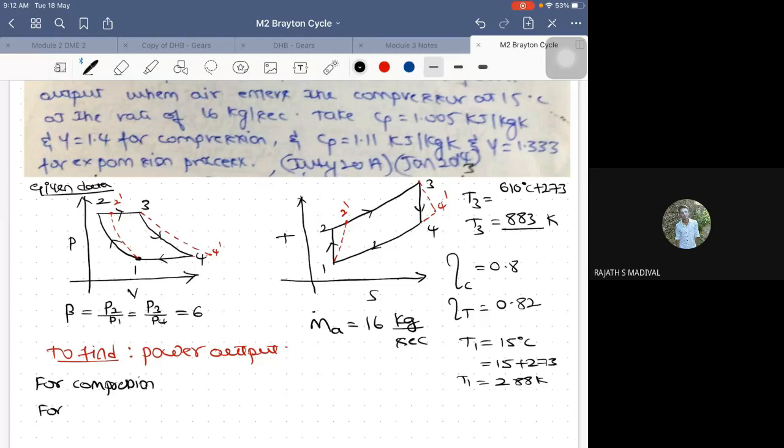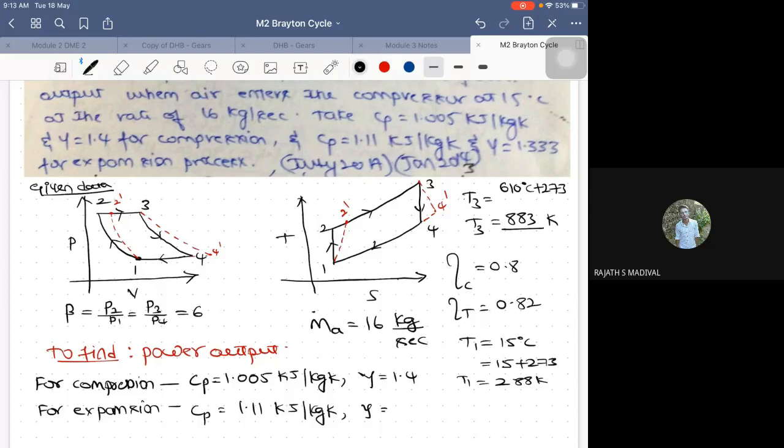For compression, the value of Cp is 1.005 kilojoules per kg Kelvin, and the value of gamma is 1.4. Next, for expansion, the value of Cp changes to 1.11 kilojoules per kg Kelvin, and the value of gamma is 1.333. So these are all the data he has given.